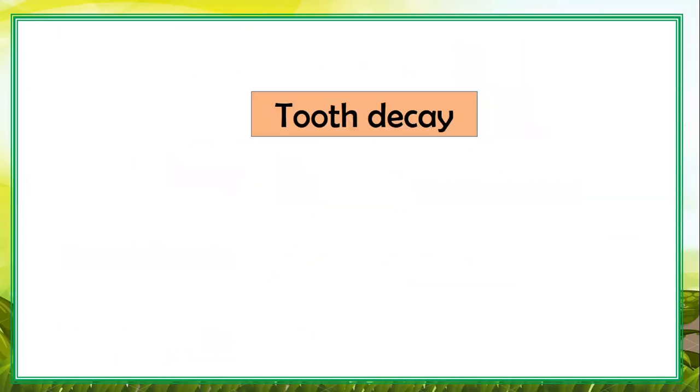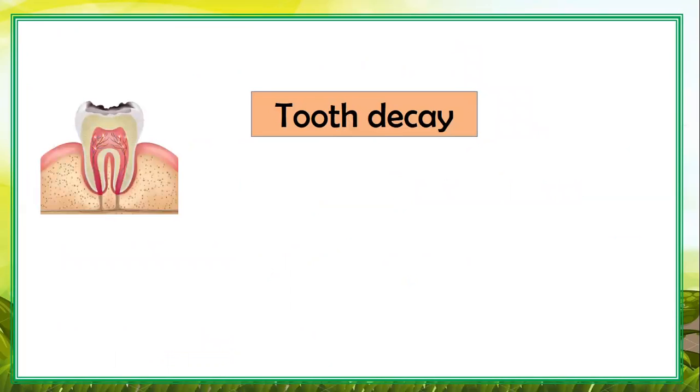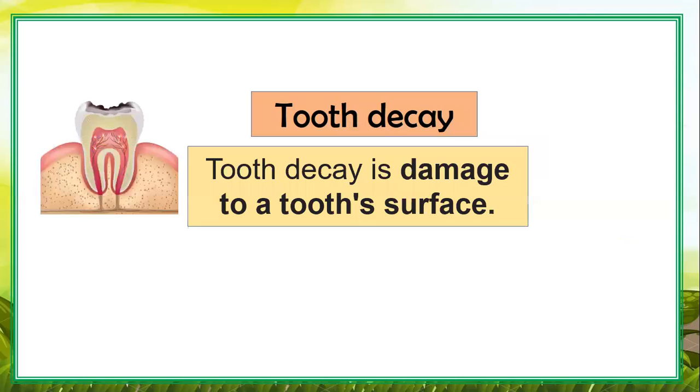So what do we mean by the words tooth decay? So as you can see, this is our tooth. Tooth decay is damage to a tooth's surface. So as you can see, this black or grayish color that makes our tooth look dirty, this is what we call tooth decay.